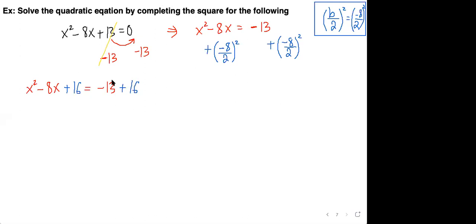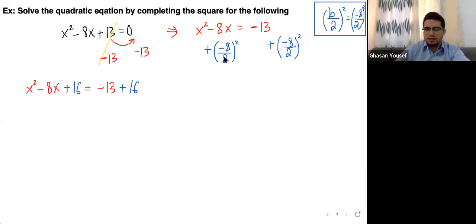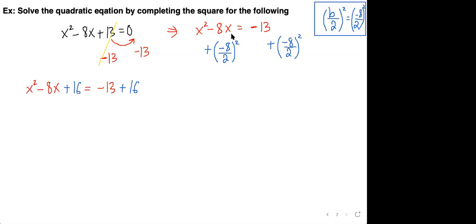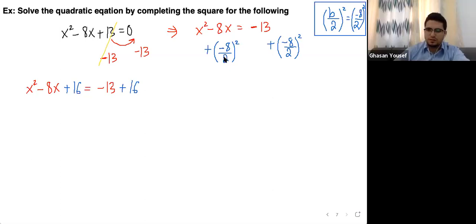Wait, hold on. Where did you get 16 from? From this one. Minus 8 over 2 is minus 4. Minus 4 squared is 16, positive. So you solved the parentheses before you square it? Yes. Again, minus 8 over 2, how much?